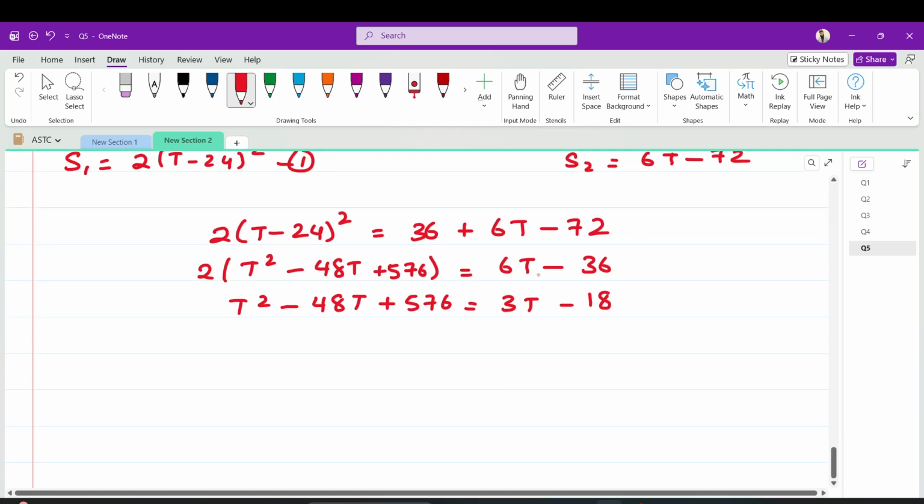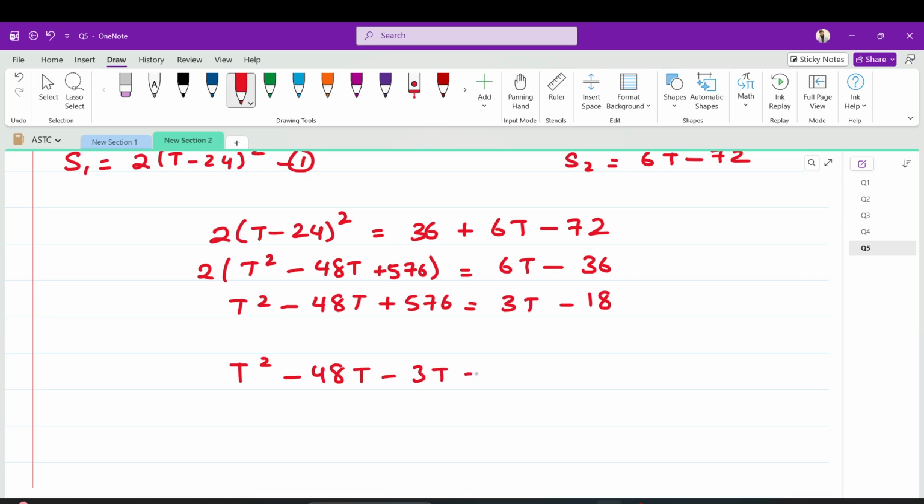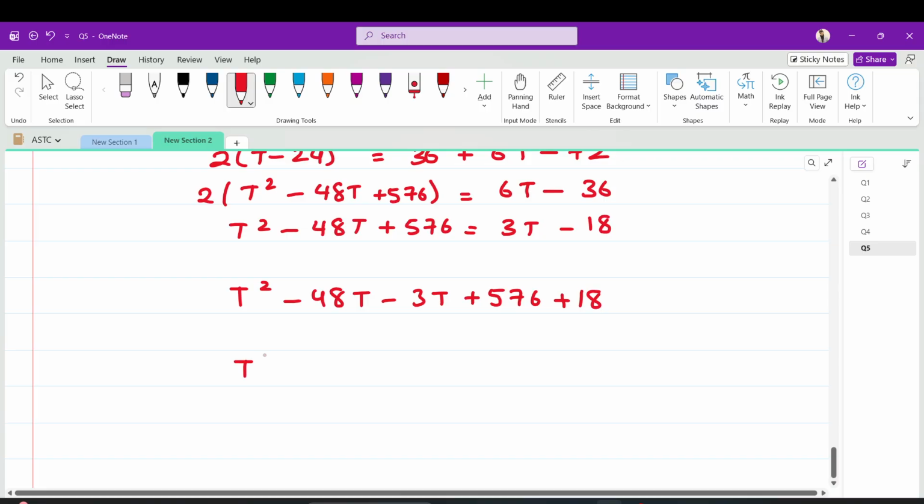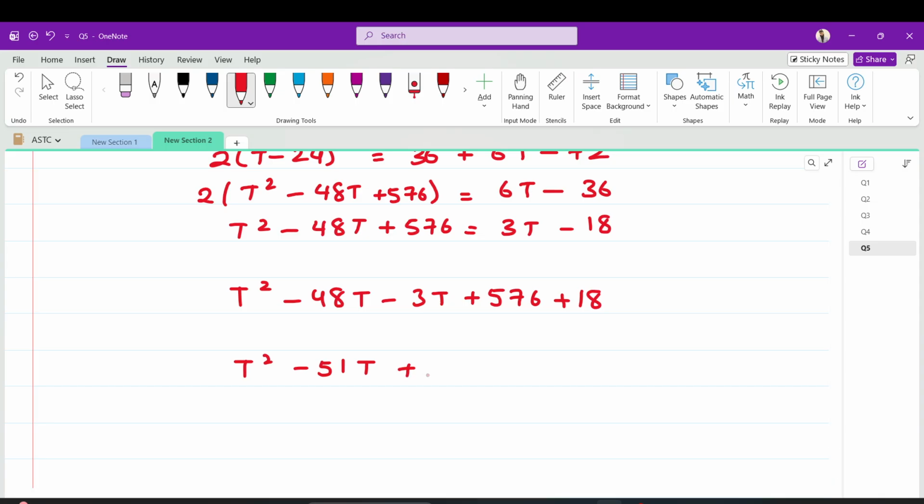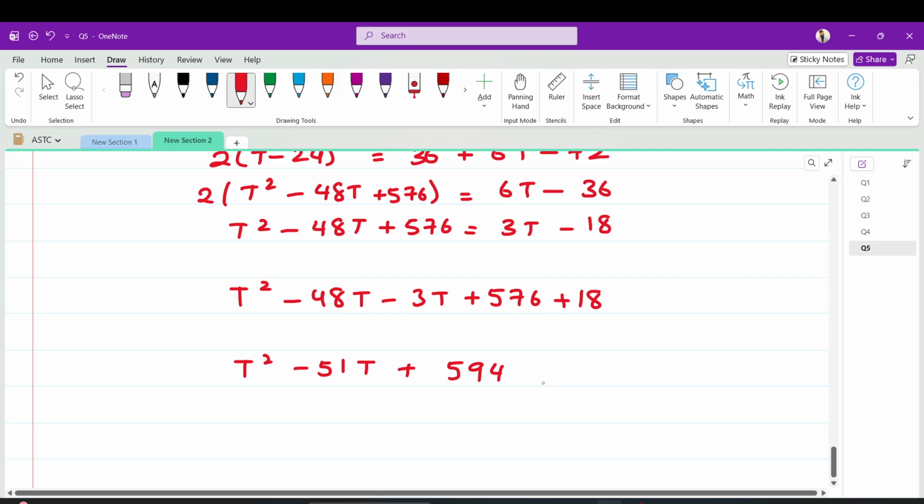Now you can bring both these terms to the left. So you have t squared minus 48t minus 3t plus 576 plus 18, which gives us t squared minus 51t plus 594 equals 0.